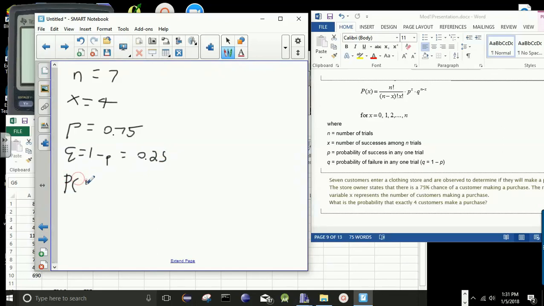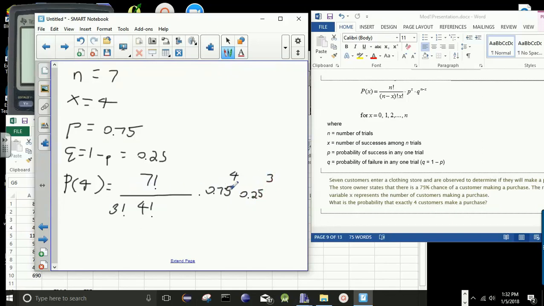So we want the probability of 4 purchases, and that would equal N factorial divided by, N minus X is 3, and then X factorial is 4 factorial, and then we want to multiply that by 0.75, that's our P value, to the 4th, and then Q, which is 0.25, to the N minus X power, which is 3.